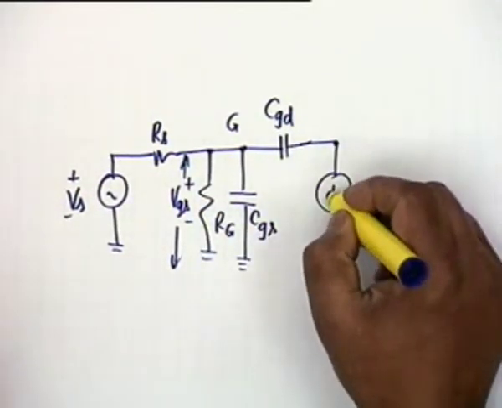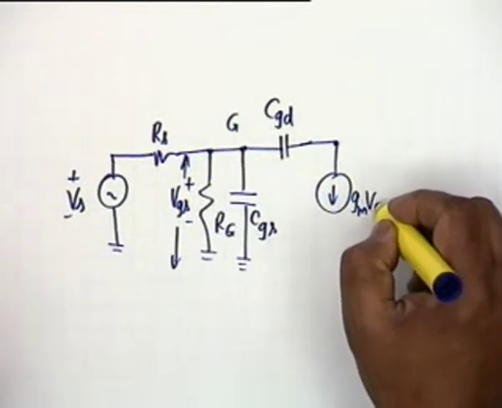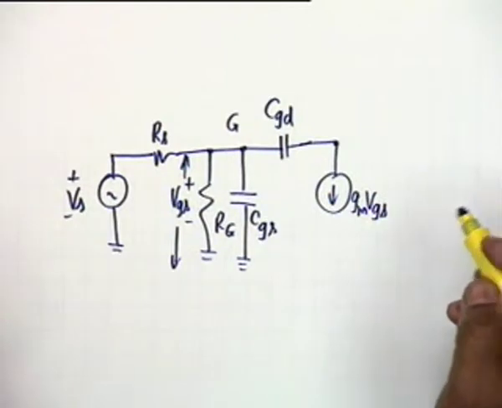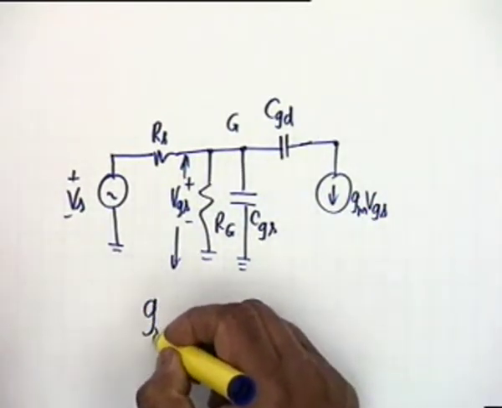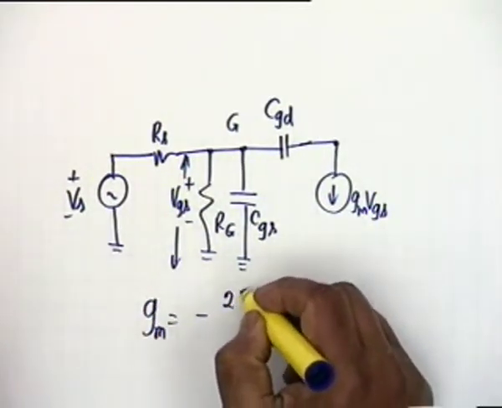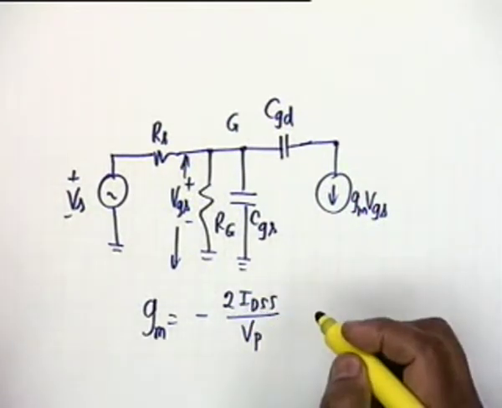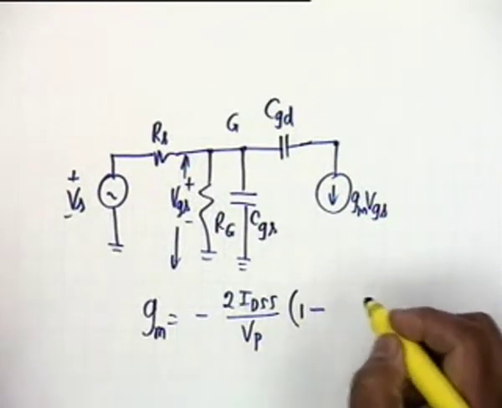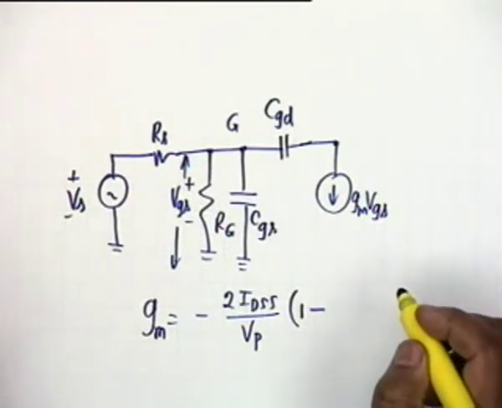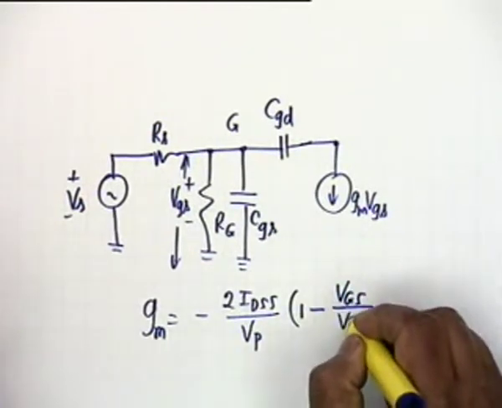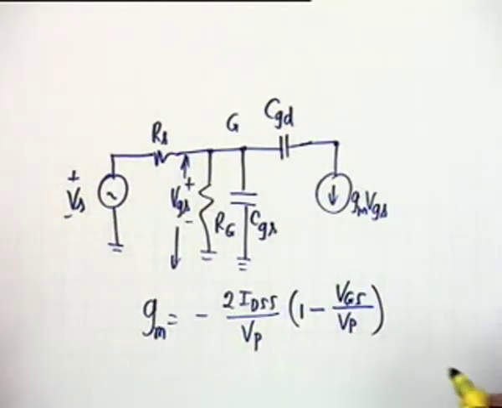The current source here would be gm times VGS, where gm now has to be calculated as, if I recall, gm is minus twice IDSS divided by VP multiplied by 1 minus VGS divided by VP. Wonderful. You have to calculate this.